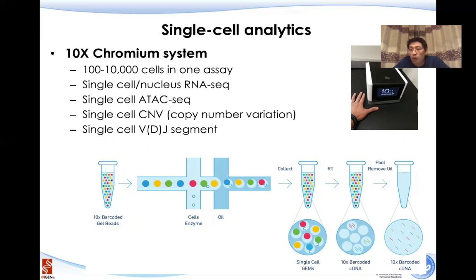It can do both single cell and single nucleus RNA sequencing, and also single cell ATAC-seq, copy number variation, and single cell VDJ sequencing. As you can see, this is very important for the immune system with the current COVID-19. I'm sure a lot of people are very interested in using this technology to figure out what's going on with patients who can recover very quickly, and those who eventually have to be hospitalized.